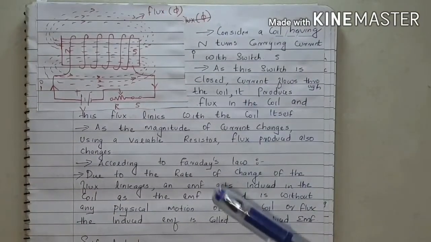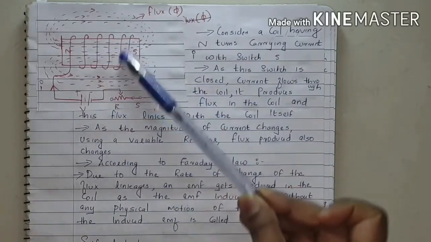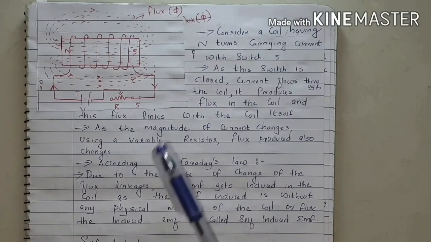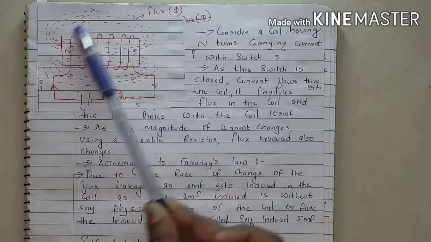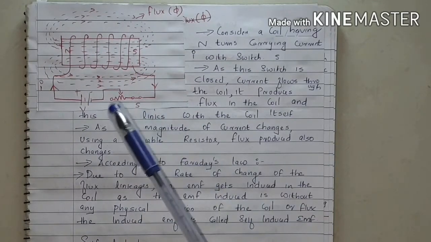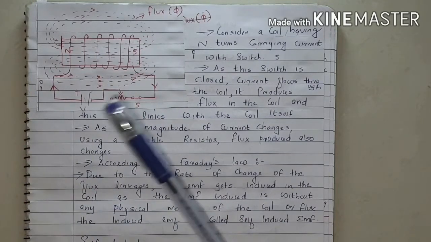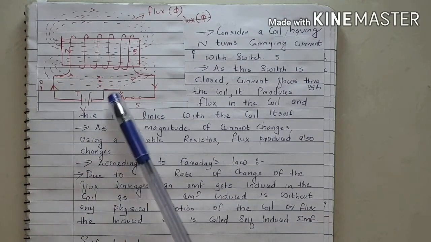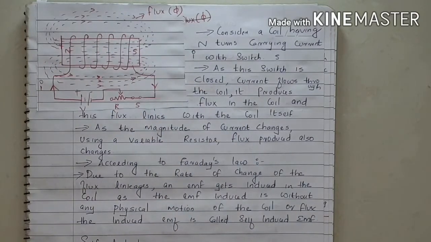Let us consider a coil having N turns. Capital N is the number of turns carrying current I with a switch S. As this switch is closed, current flows through the coil and produces flux in the coil. And this flux links with the coil itself, and as the magnitude of current changes using a variable resistor, the flux produced also gets changed.